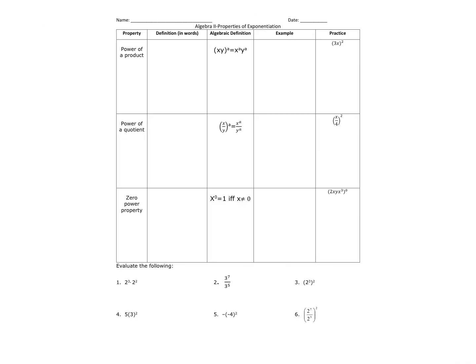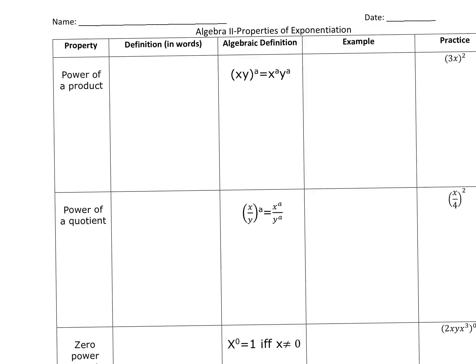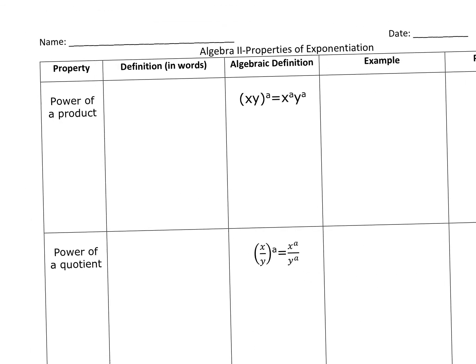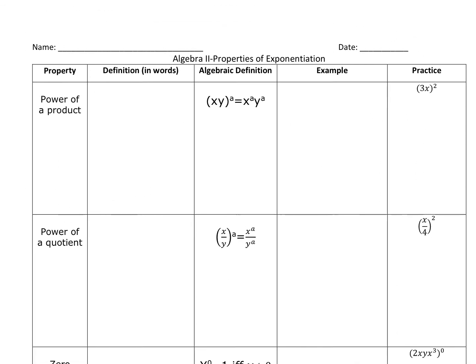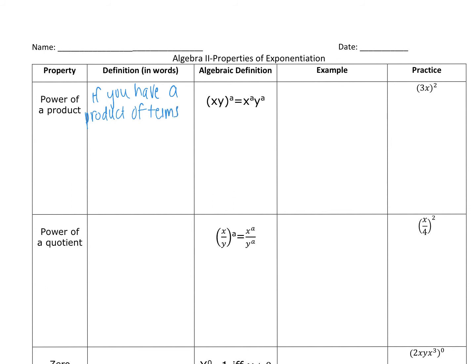So here, I have the power of a product. And this definition is: if you have a product of terms raised to a power, you raise each term to that power.